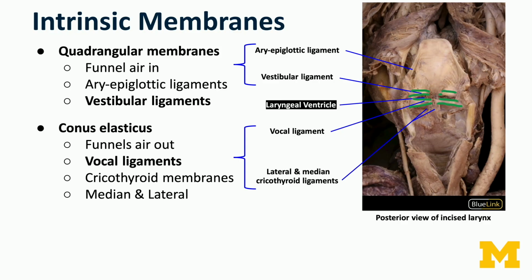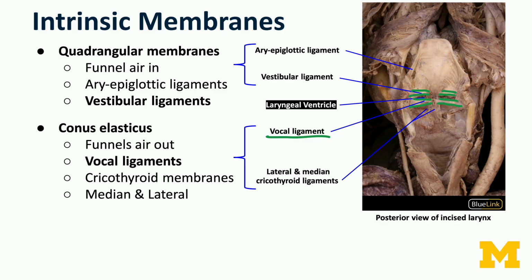So you can see the vestibular folds are above the vocal folds, and they have a protective function of the vocal folds. The vocal folds are what are vibrating for phonation, but we can also vibrate our vestibular folds as well. You may have heard of throat singing, which is a phenomenon of many indigenous people in Asiatic regions.